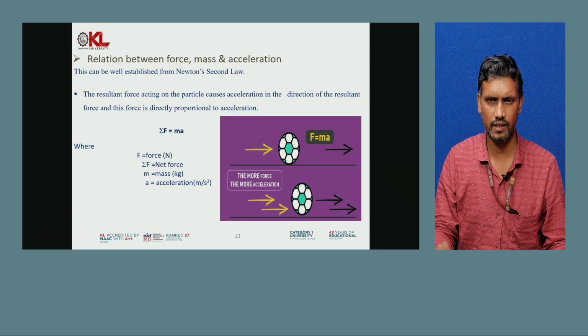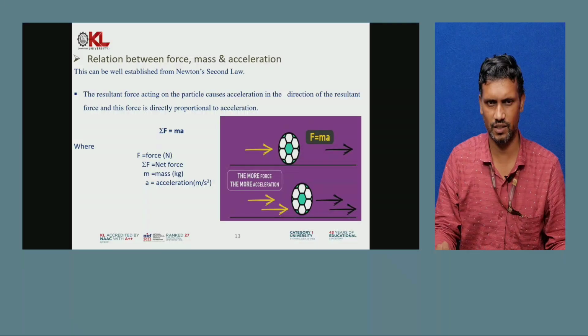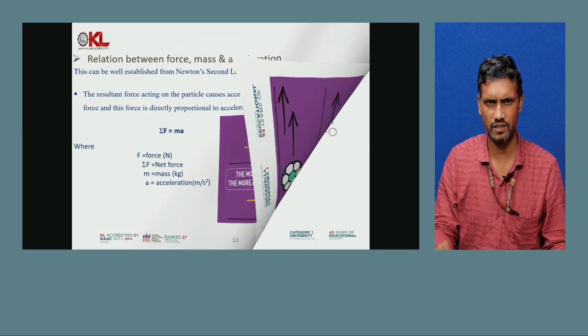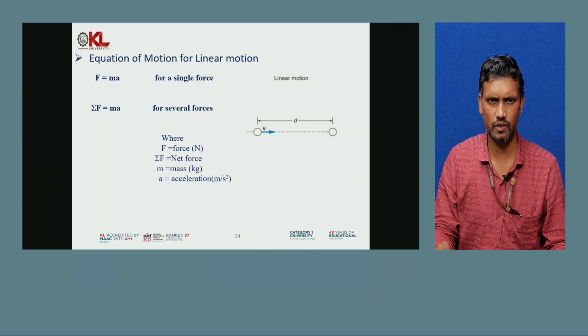Here also a football is there. We are applying force, it is moving. We know F equals ma, correct? This is a relationship. This is nothing but Newton's second law of motion. It is used here. Now the equation of motion for linear motion is nothing but F equals ma.